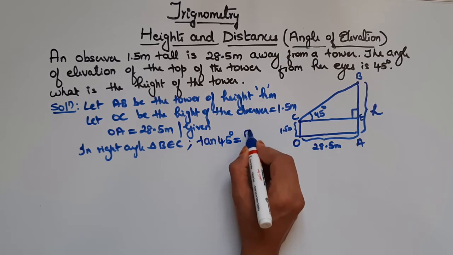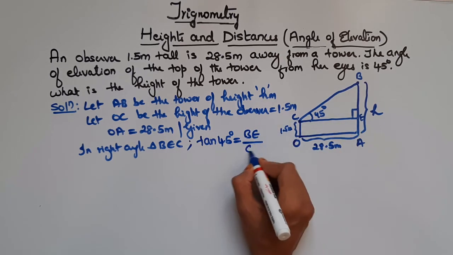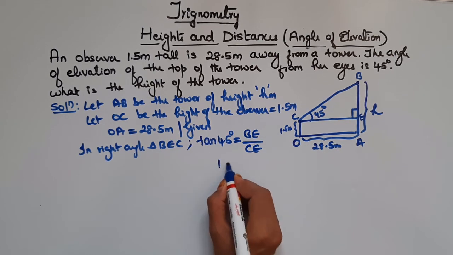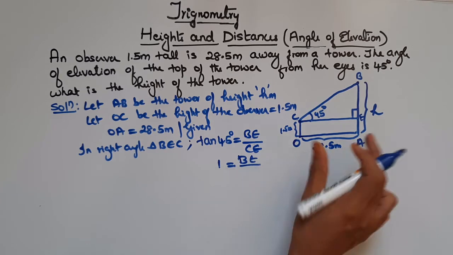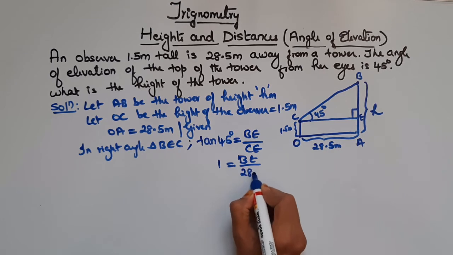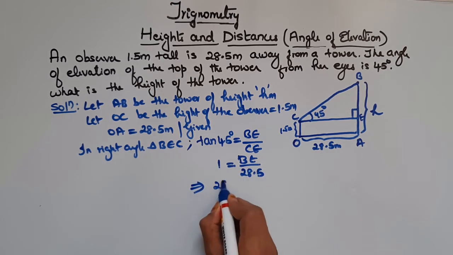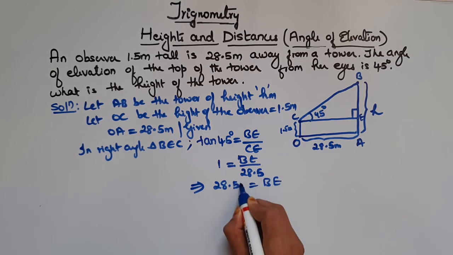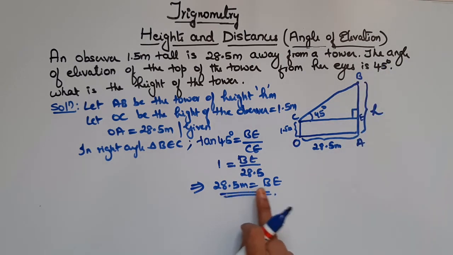Here the opposite is BE by adjacent here is CE, right? So tan 45 we know it is 1, which is equal to BE, we don't know, by CE is nothing but 28.5 meter, right? So 1 into 28.5 is 28.5, which is equal to BE meters. So BE we got as 28.5 meters.